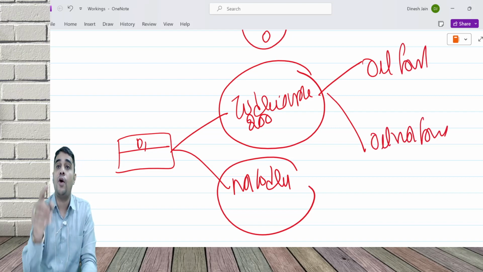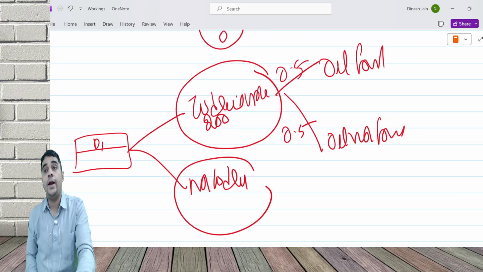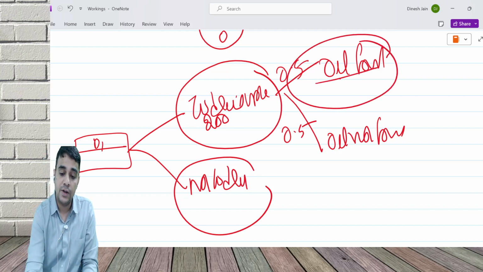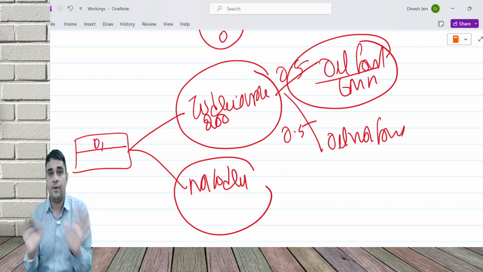What is the probability of oil finding and not? 0.5, 0.5. If you find oil at 2000 feet, how much you earn and how much you spend? 4 million. So here 6 million is your profit. If I find oil, I'm very happy. 6 million profit I can make.